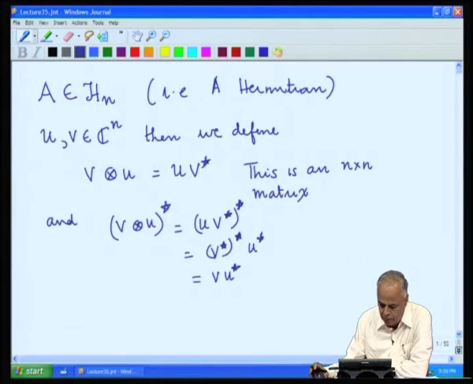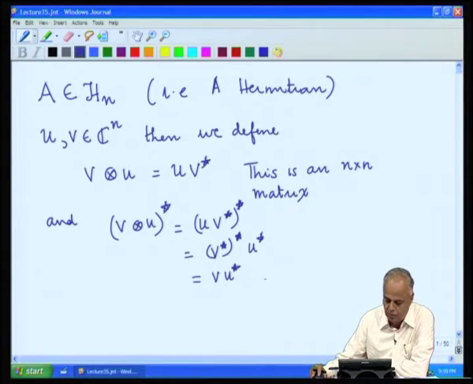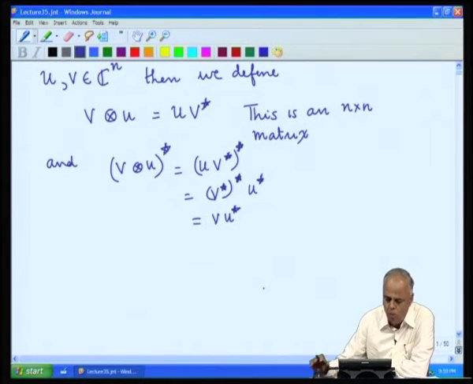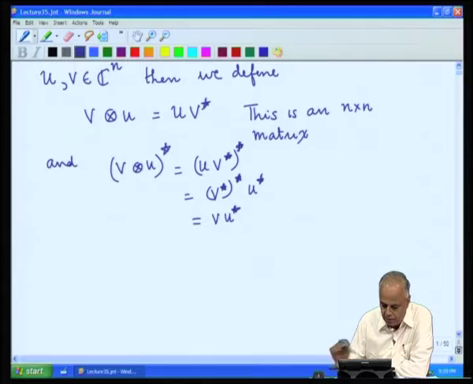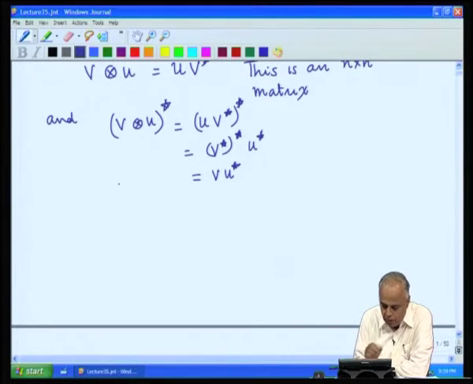So, we have this notation that V tensor U is equal to U V star, and its conjugate is V star star into U star, which is equal to V U star. Now, we have this tensor notation. With this notation, we shall particularly look at taking the tensor product of a vector with itself.